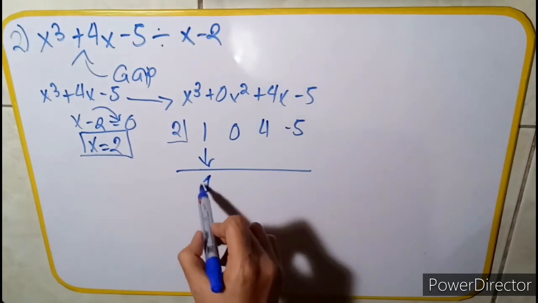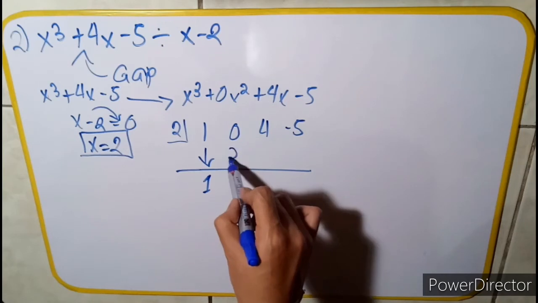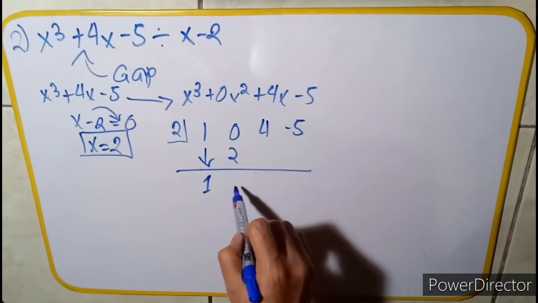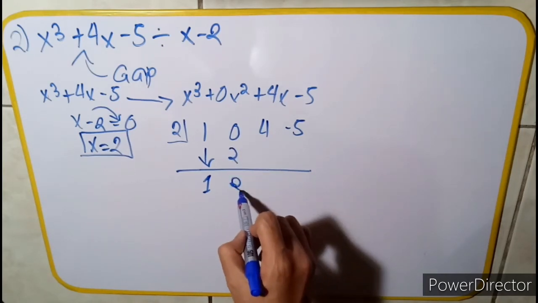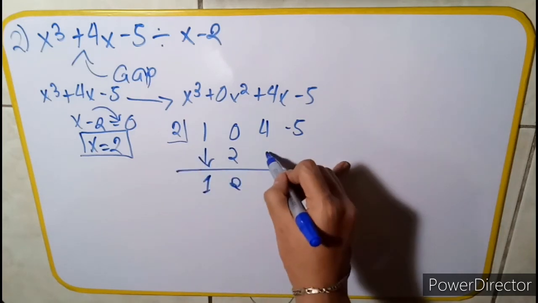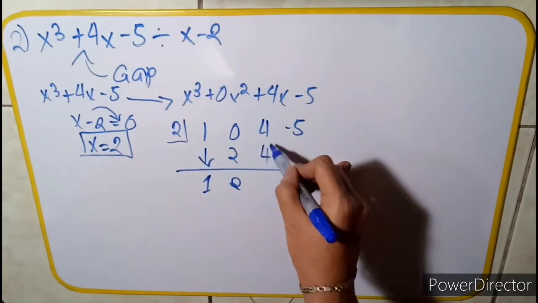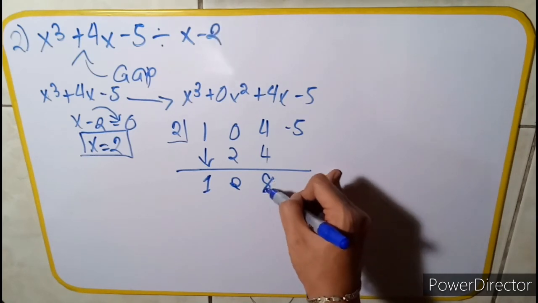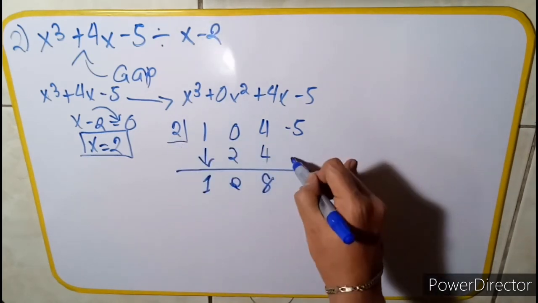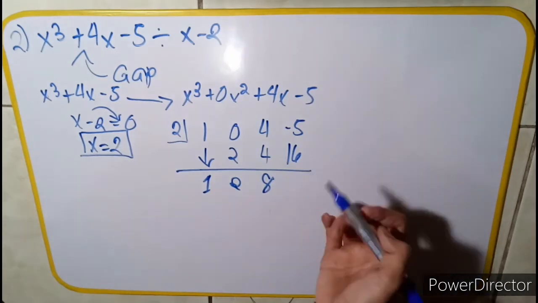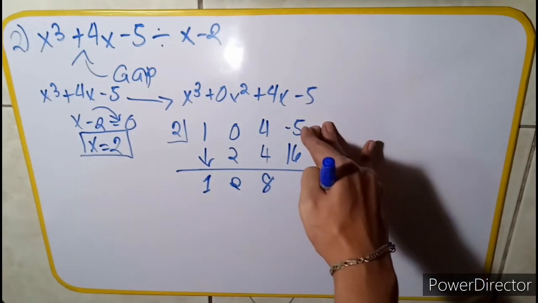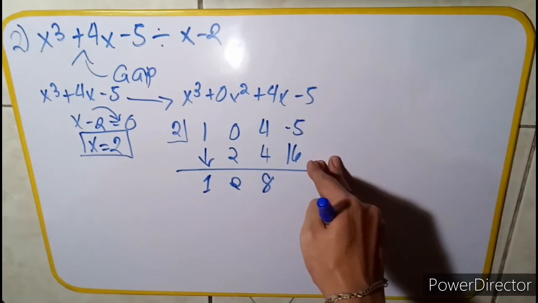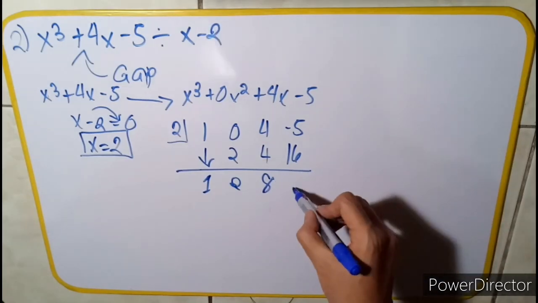Then 1 times 2 will be 2. 0 plus 2 will be 2. 2 times 2 will be 4. 4 plus 4 will be 8. 8 times 2 will be positive 16. Negative 5 plus 16 is positive 11.